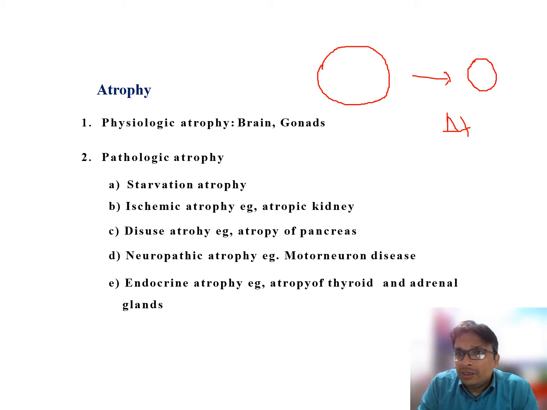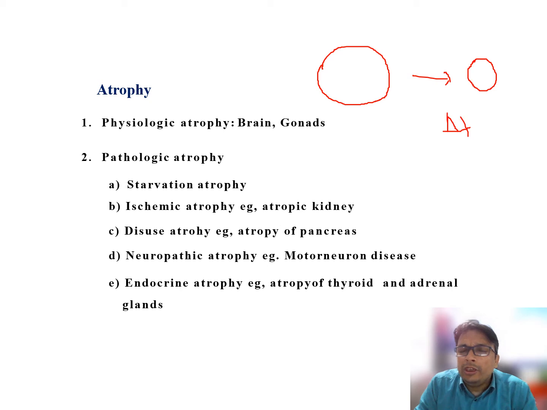Disused atrophy means a particular organ, tissue, or part of your body has been less in use, so the neurons and the activation of the cells are not there. So proper metabolism will not occur in that part, and because of that, atrophy may occur.